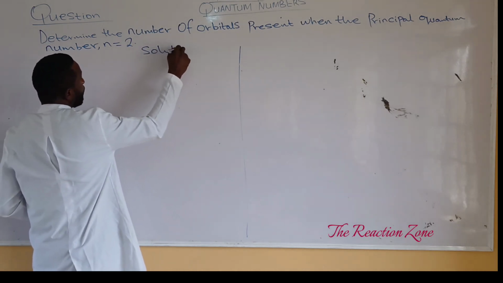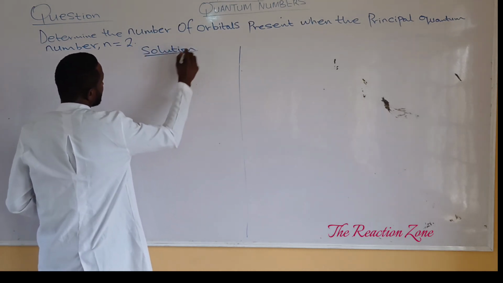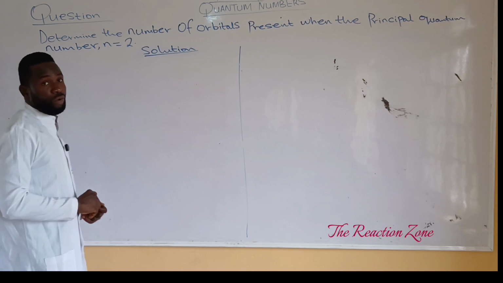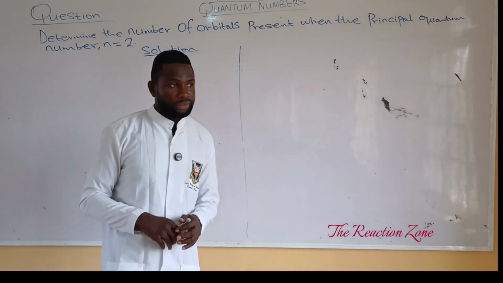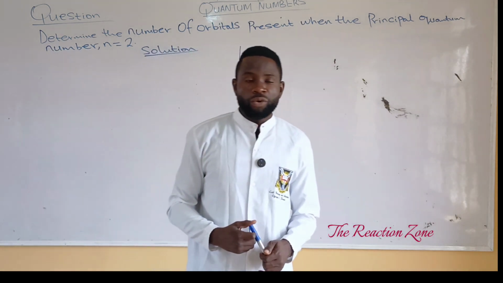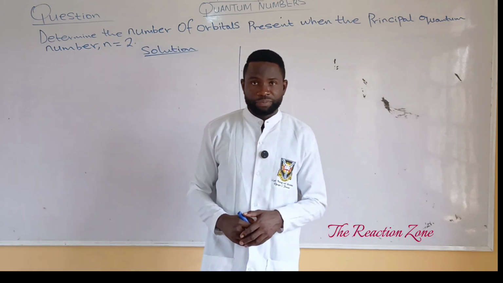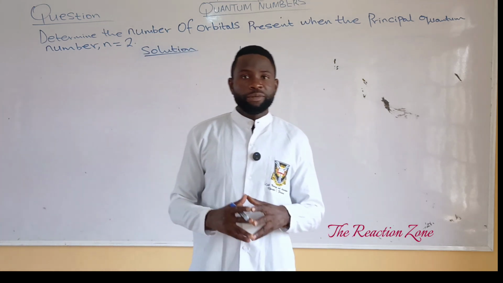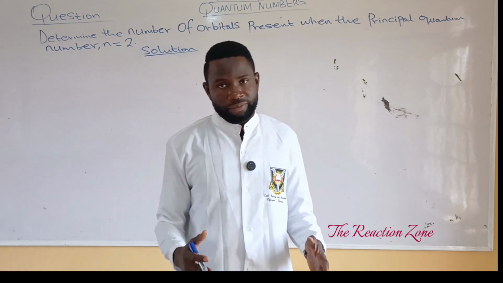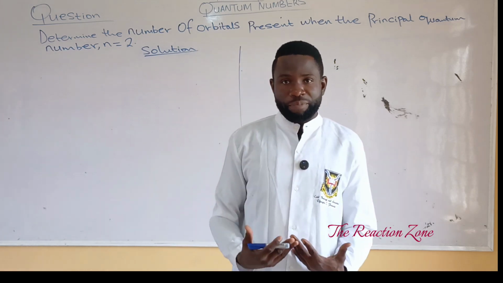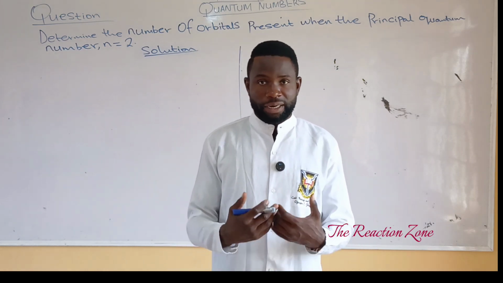we need to know the following. We need to know what an orbital is, and we need to know the quantum numbers that describe an orbital. First, an orbital is a region in space where there is a high probability of finding an electron.